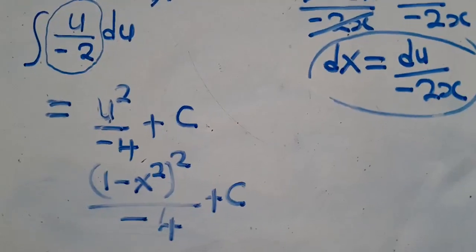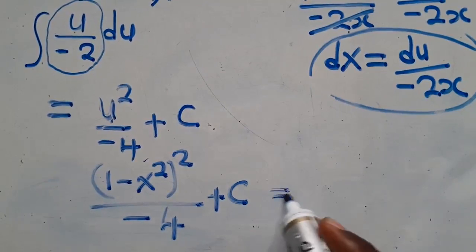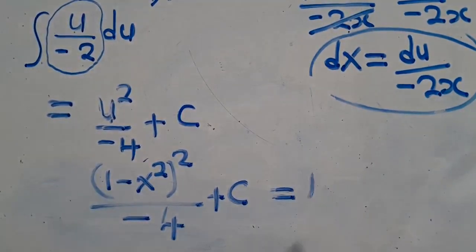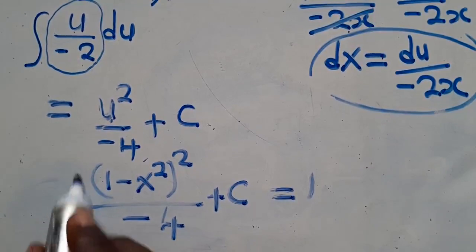So what I've said is that this is the same as, you can just put what is common on top. It's 1. Have you seen 1 is common? There is a 1 here.